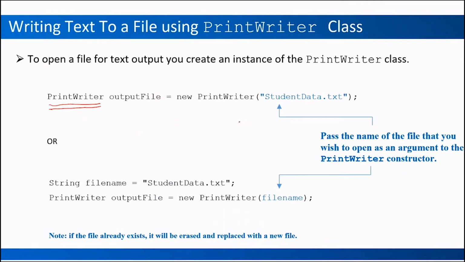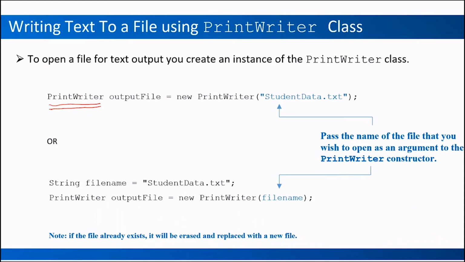Now, if you look at the PrintWriter and how its constructor is used, you will find that it's PrintWriter, parentheses, and it takes an argument which is a string. That argument is, for example, studentdata.txt, which we can see is the name of the file where we want to write our information.